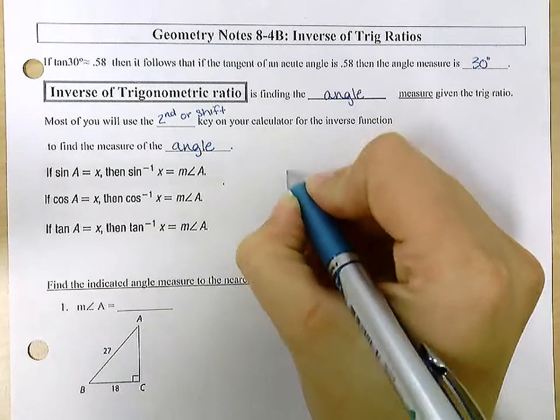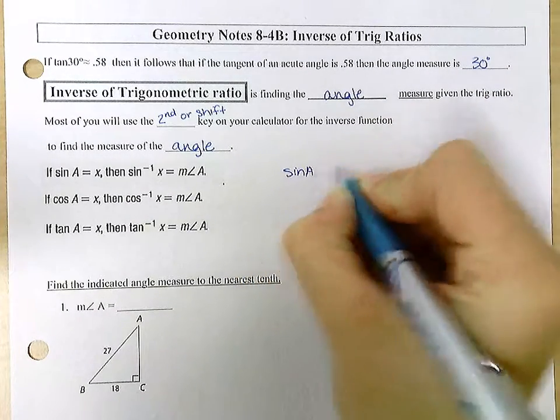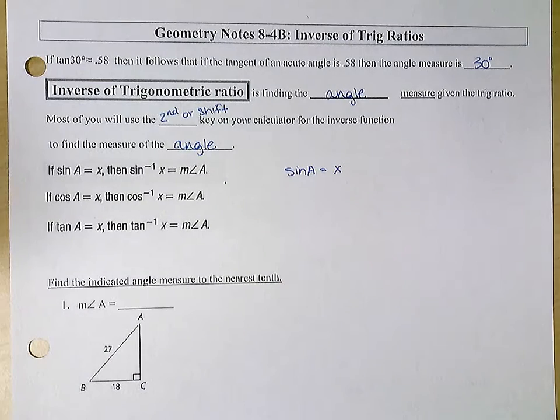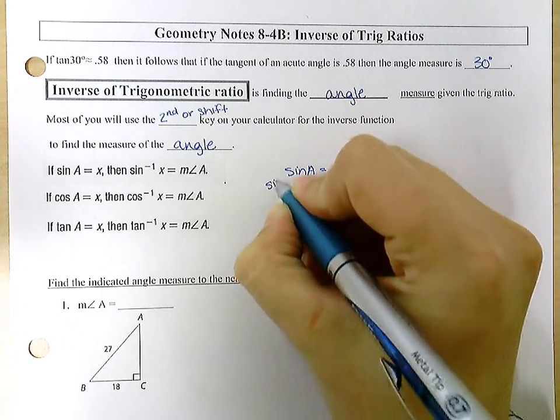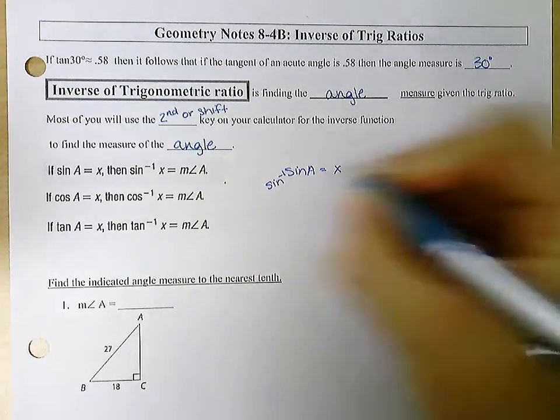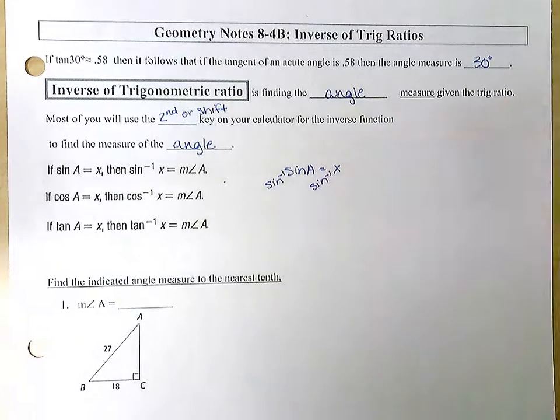So how we solve that, if I have sine of A equals X, I want A by itself. Now remember yesterday I said you can't just divide by sine, you can't just divide by cosine or divide by tangent. Okay, you always have to have that angle attached to it. It's one number itself. So what we do is bring in the inverse to both sides of the equation.